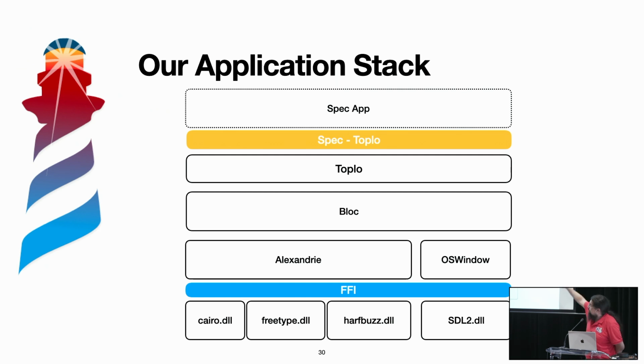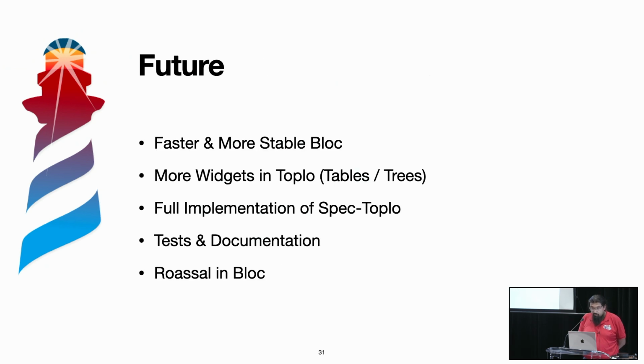And of course, as in any stack, we can go as deep as we want when we need more control or when something is not clearly implemented. For the future, what we are working on a lot is having a faster and more stable Bloc. That is our main objective because it's the foundation on top of which everything else is built.